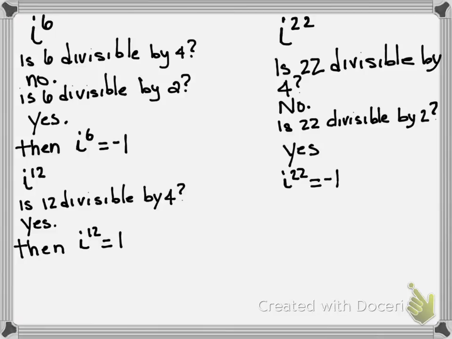Now, how about i to the 15th. Remember when we did i to the 3rd, we had to take away 1. So here's what we do. When the exponent is odd, you subtract 1. So 15 minus 1 is 14. Now we go back to what we know. We ask ourselves the question, is 14 divisible by 4?